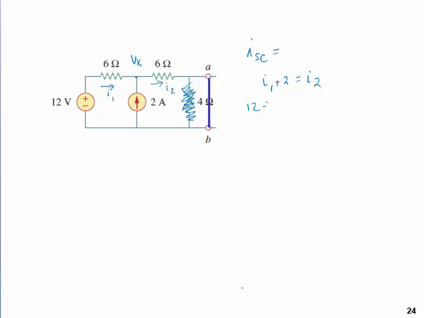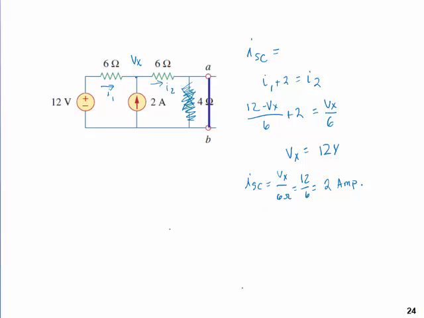I1 is 12 volts minus Vx over 6 ohms, plus 2 equals I2, which is Vx over 6 ohms. And then I solve for Vx, and I find out that Vx is 12 volts. I come back and find out I short circuit, and that is going to be Vx divided by 6 ohms, which is 12 divided by 6, which is 2 amps.